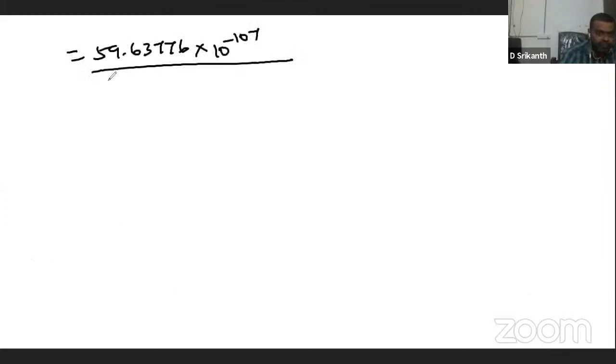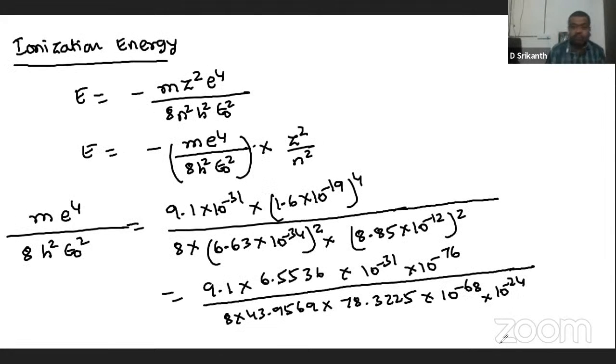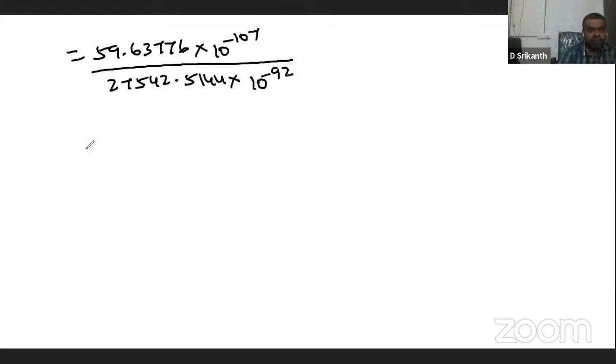That is 27542.5144, 10 power 68 plus 24, 92. 59.63776 divided by 27542.5144, that is 0.002165 into 10 power minus 15.